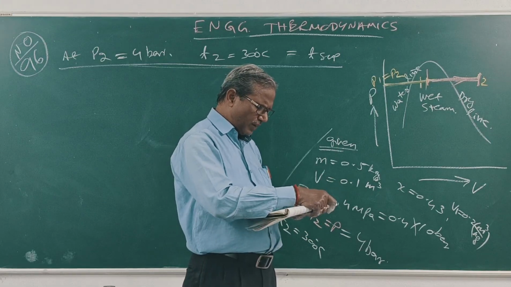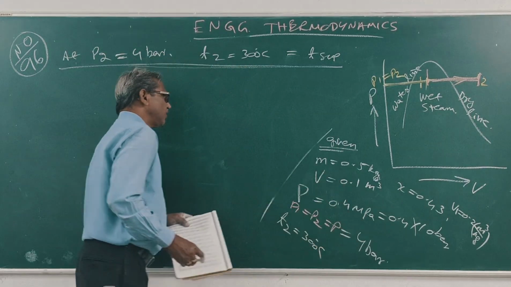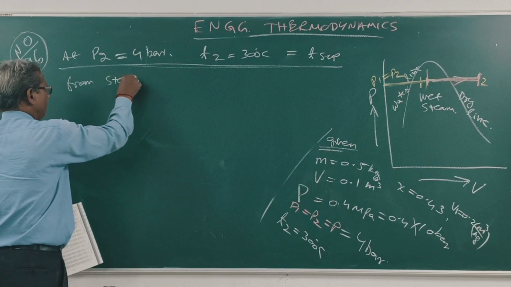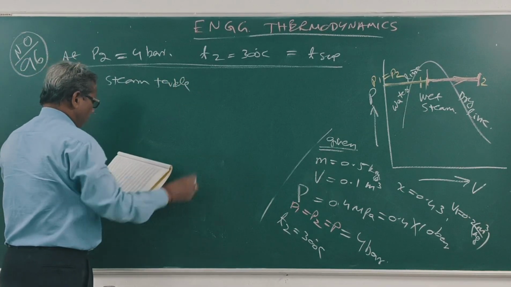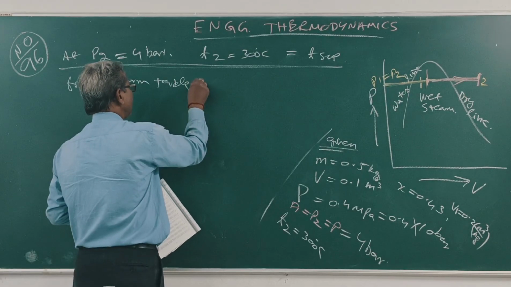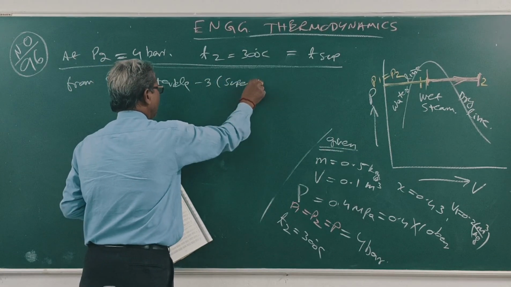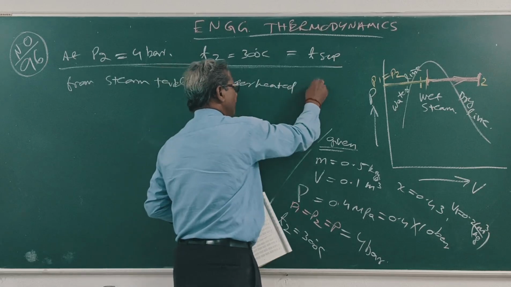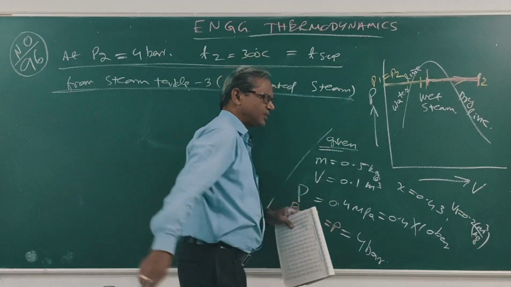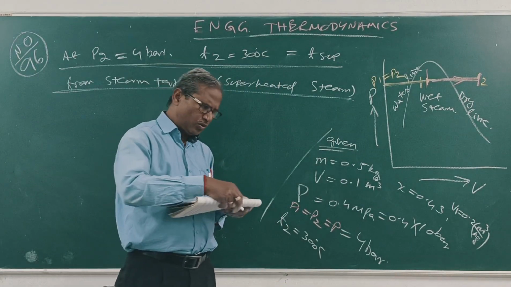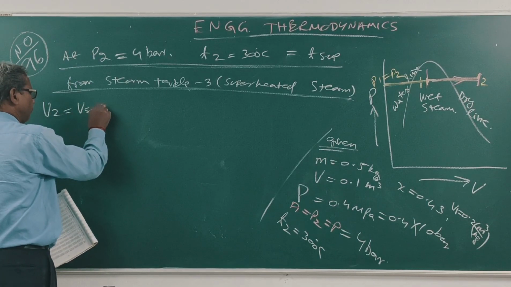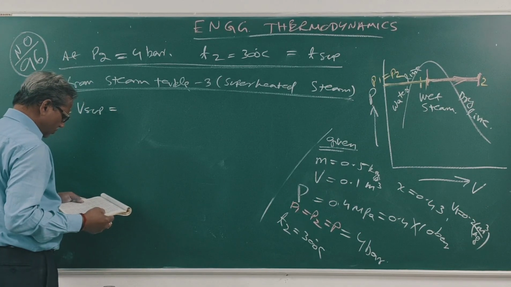It is 4 bar, 300 centigrade from steam table 3, superheated properties, superheated steam. Right? From table 3 we will find out V2. V2 means V superheated.